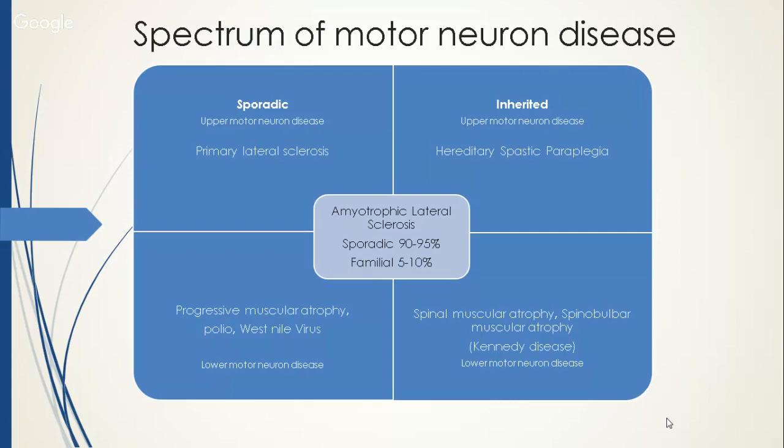It's not only involving your muscles, it can also involve your brain. Some of the phenotypes, for example, involve the frontotemporal lobes and hippocampus. So it's not just a motor neuron disease as initially thought.